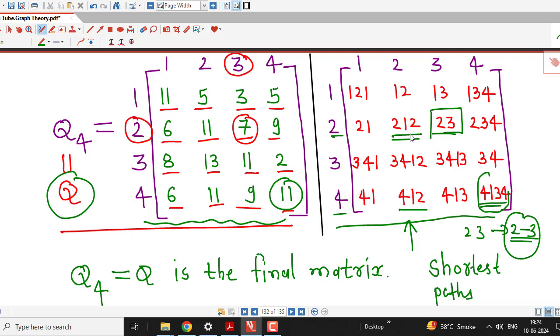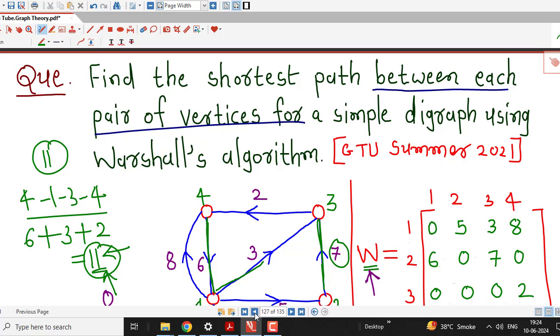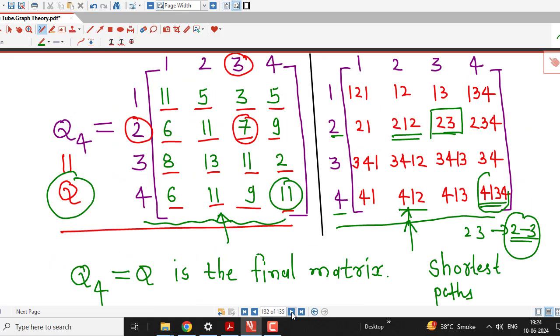If you are asked to write down the shortest path between each pair of vertices, then after finding this final matrix, you can write the paths using these lengths.